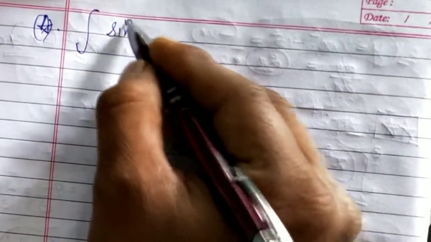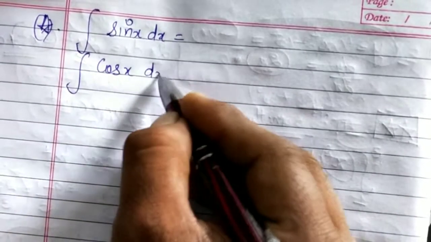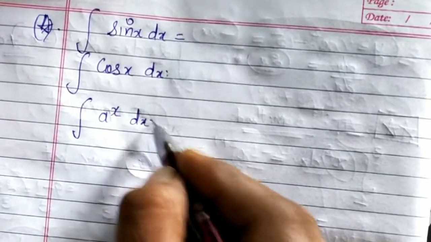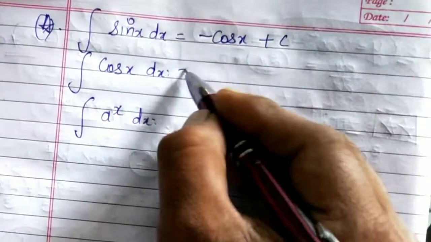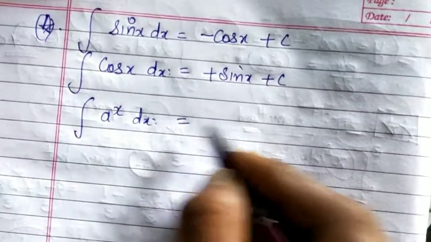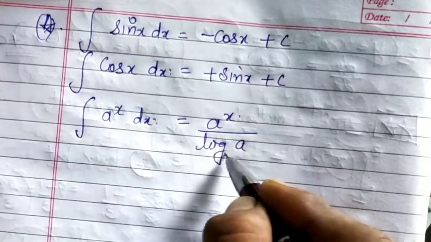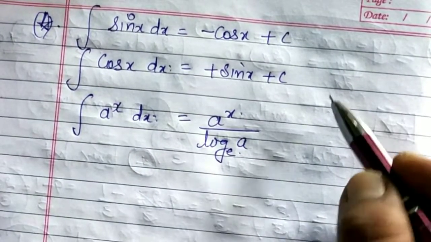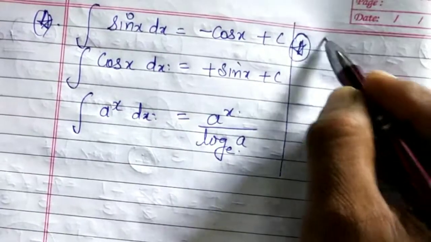What are the other formulas? Integration of sin x, integration of cos x, integration of a to the power x. The integration of sin x is minus cos x. Integration of cos x is plus sin x. Integration of a to the power x is a to the power x upon log of a to the base e. Okay, there are 2-3 more formulas, but those are not used as much in physics.